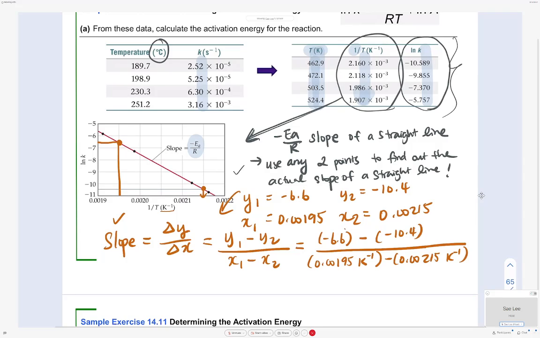If you plug these values into a calculator, you will get negative 1.9 times 10 to the 4 Kelvin.